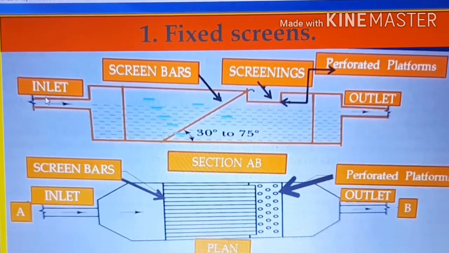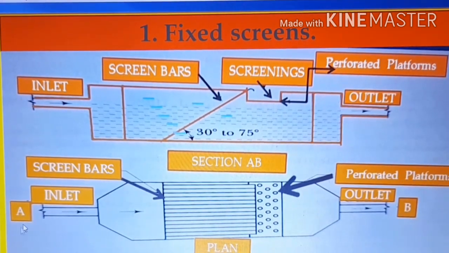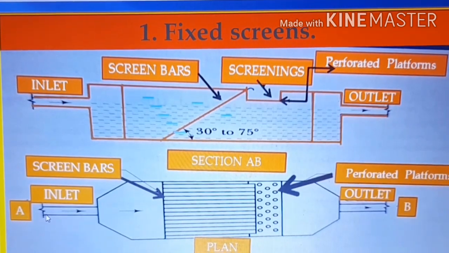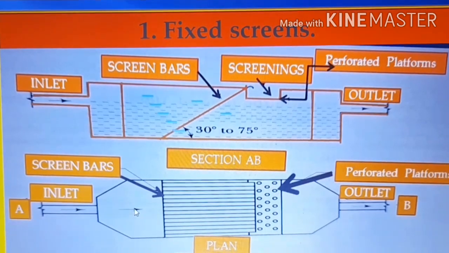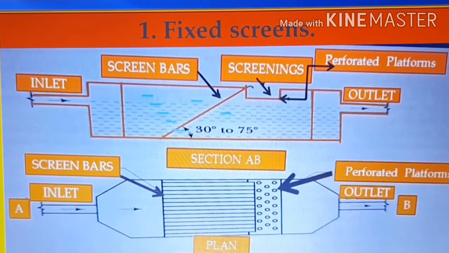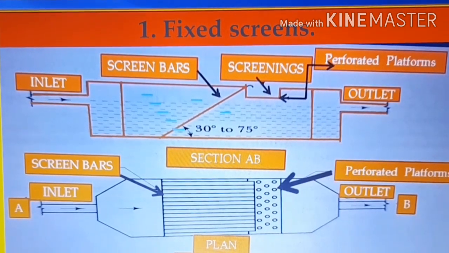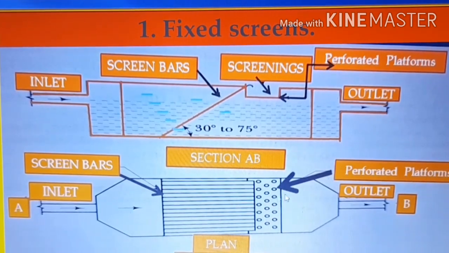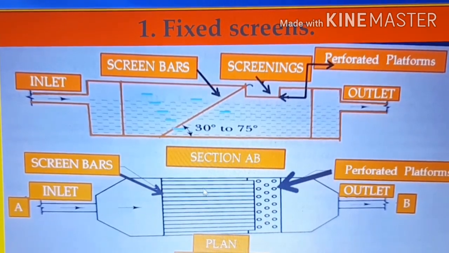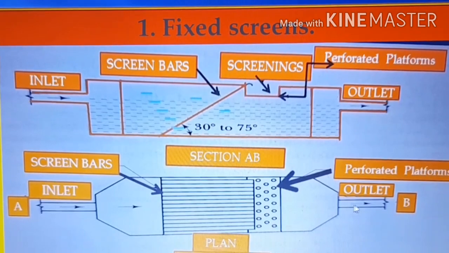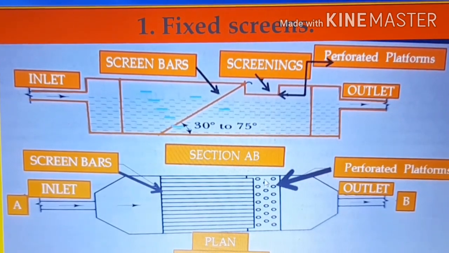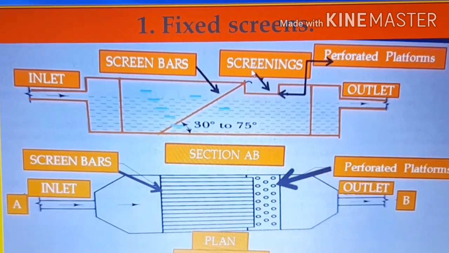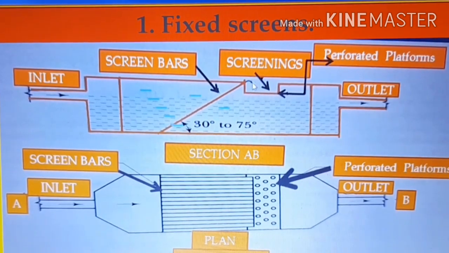The water is coming from the inlet chamber. See, this is part A; coming from A, water gets inside. That is sewage water, right? And the water flows through these screens and moves to the outlet, that is, the direction of B. And this is your perforated platform, which collects the material here.